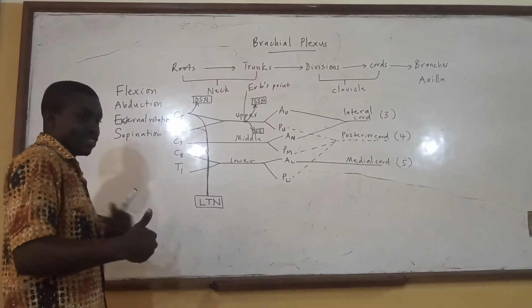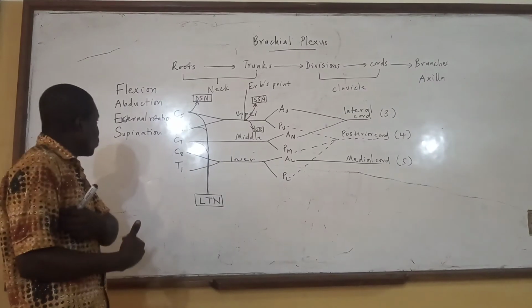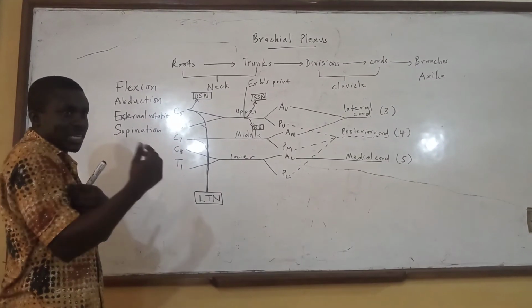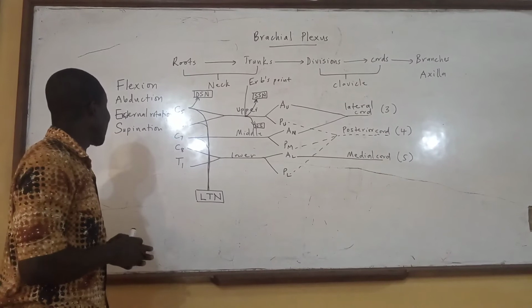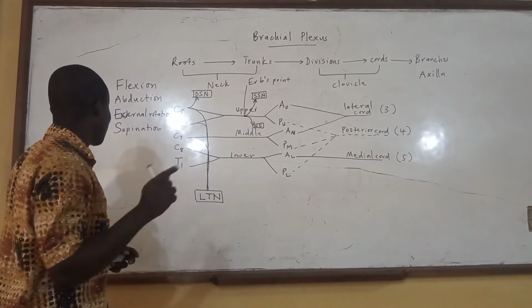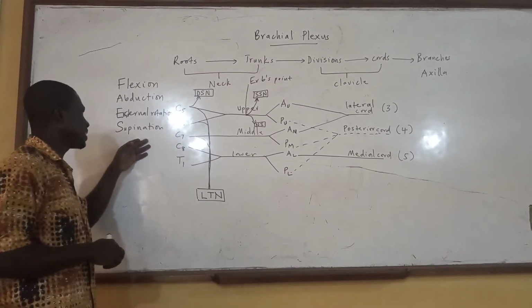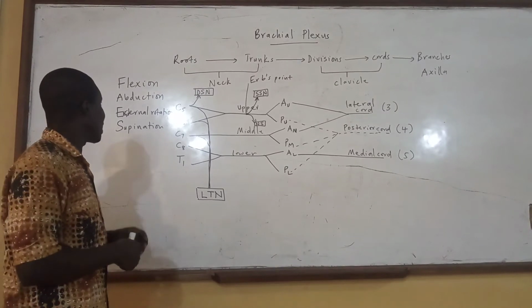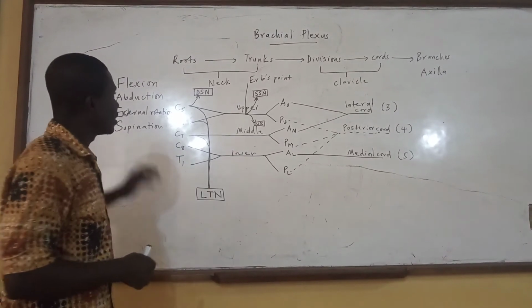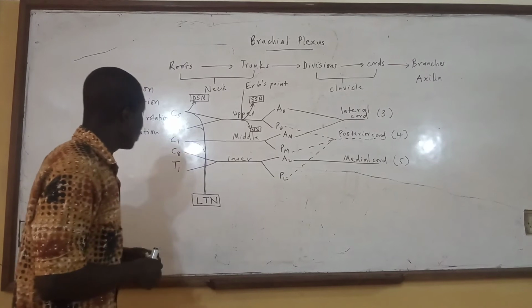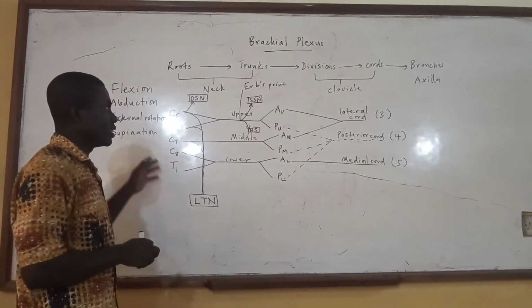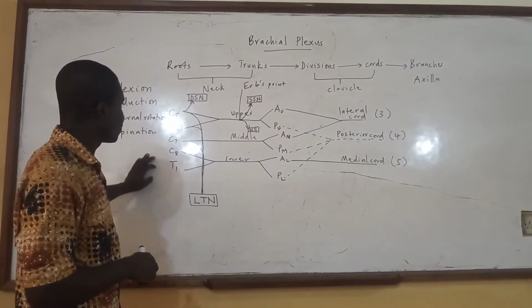In fact, the subscapularis is helping you to medially rotate. For the supination, the supinator muscle as well as the biceps brachii muscle are affected. So that is what we find with the clinical presentation.